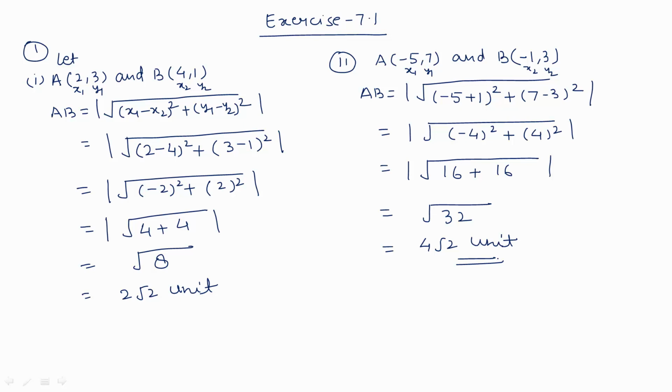Similarly, students will find number third, the distance between the points (a, b) and (minus a, minus b). In the second question, find the distance between the points 0, 0 and 36, 15.